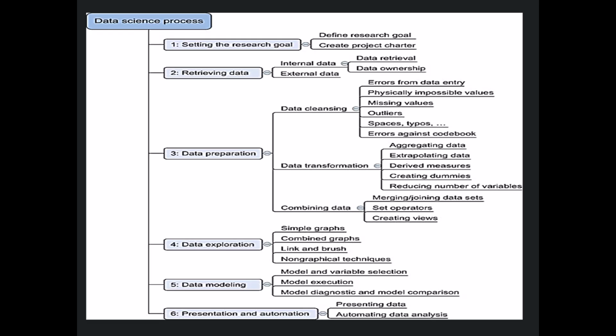Data preparation involves cleansing the data, transforming the data, combining the data. Data exploration involves converting into a graphical format. Data modeling involves model variable selection, model execution, model diagnostic and comparisons. Presentation and automation involves presenting data and automating the data analysis.